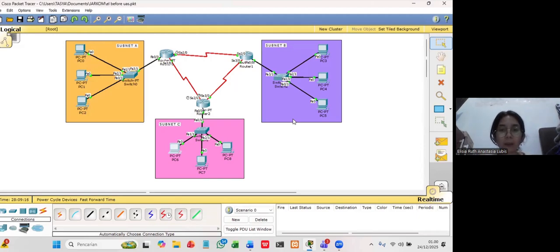We use one IP block and divide it into several subnets with different sizes instead of using the same subnet mask for all networks.